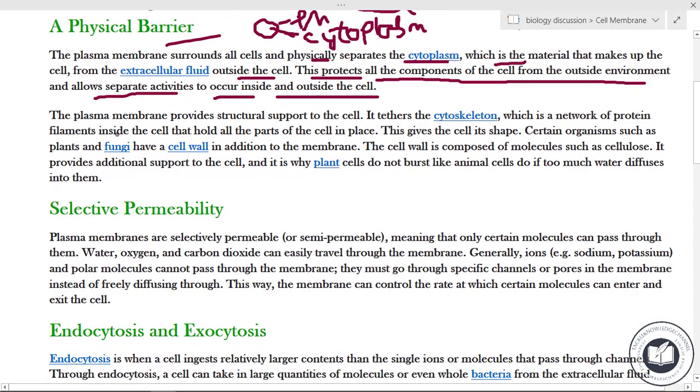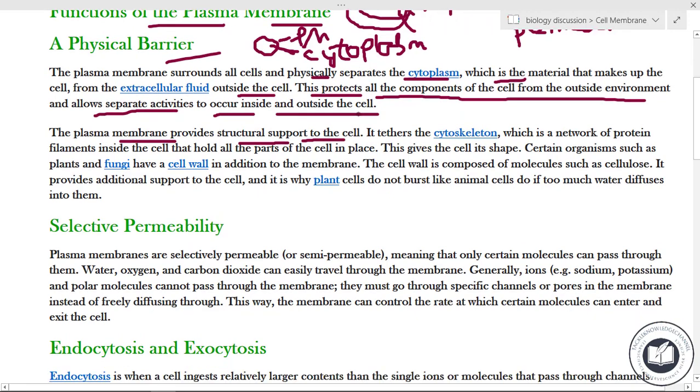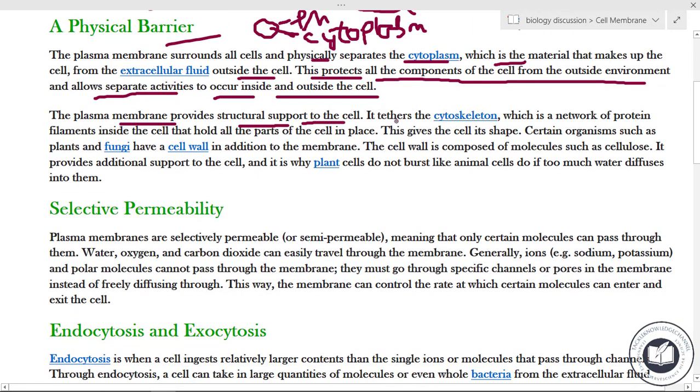Okay, the plasma membrane provides structural support to the cell. It tethers the cytoskeleton, which is a network of protein filaments inside the cell that hold all the parts of the cell in place. So this cytoskeleton is a network of protein filaments, holding all the parts of the cell in one place.